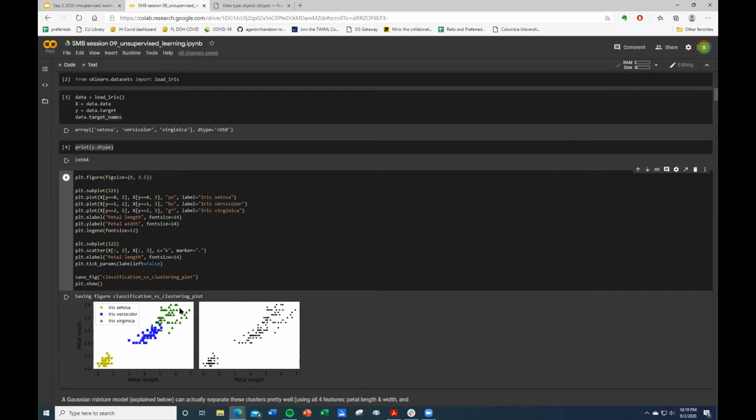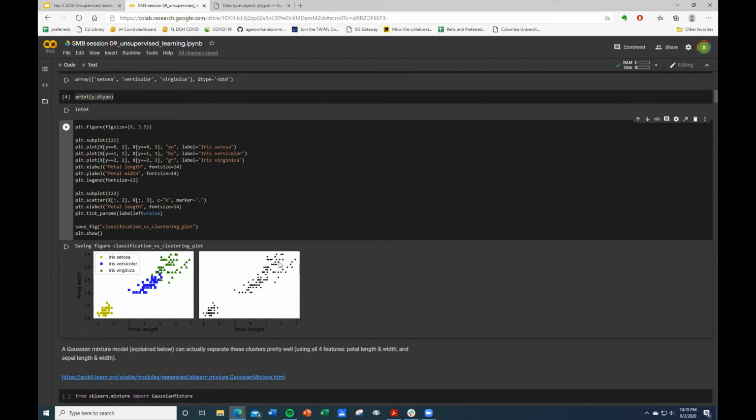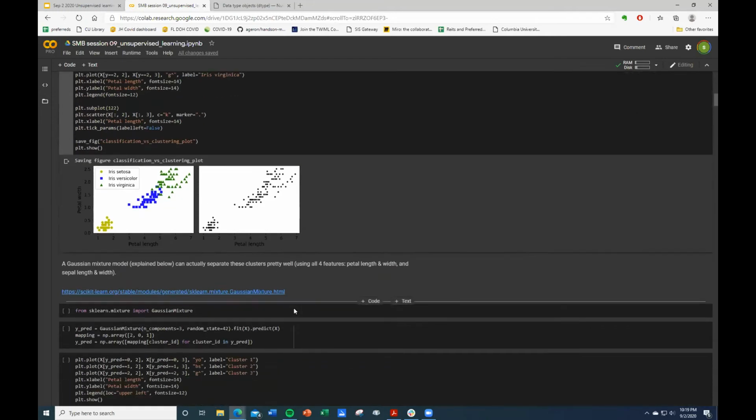So when we plot them without their colors and without their labels, you see that there are 2 different areas, but you can't really delineate between the blue versicolor and the triangular virginica.